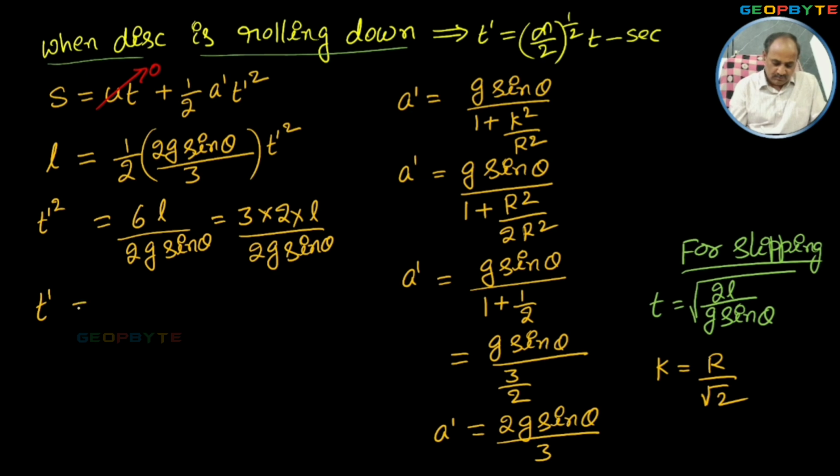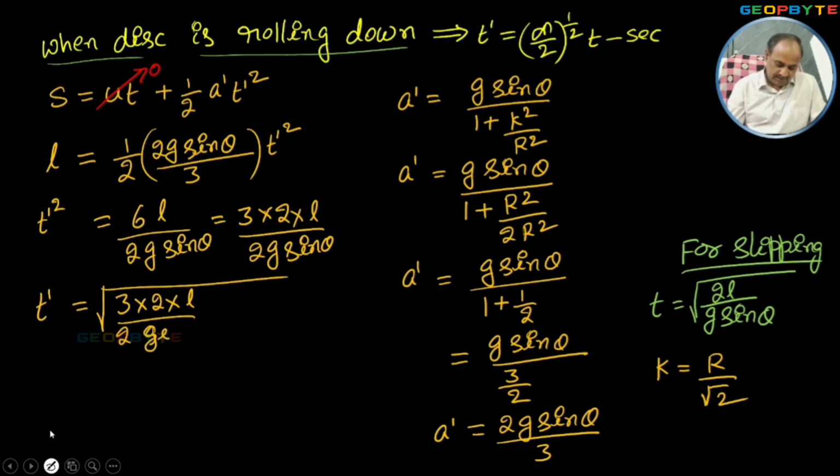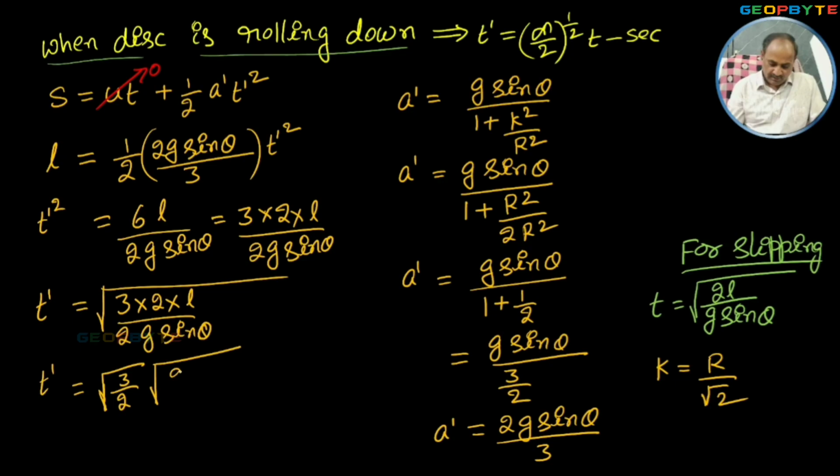Therefore, T dash, the time required for rolling down, equals root over 3 into 2 into L by 2 into g sin theta. It can be written as root 3 by 2 into 2L by g sin theta.